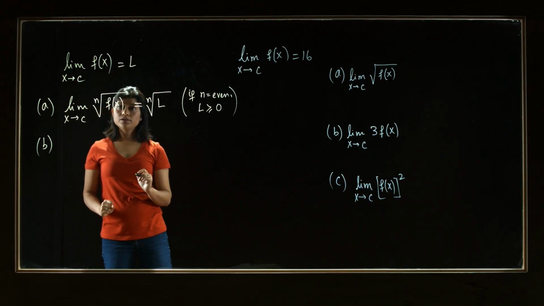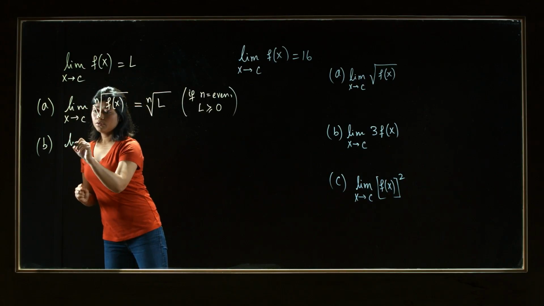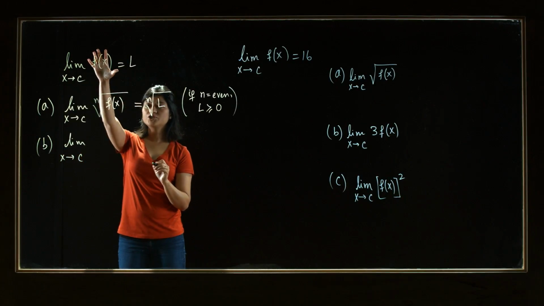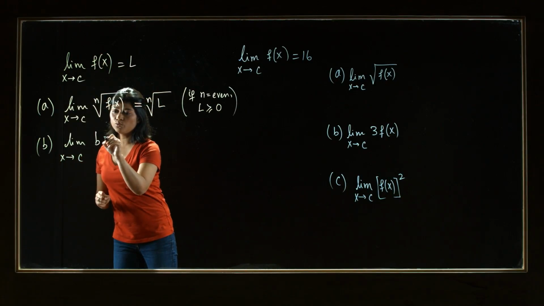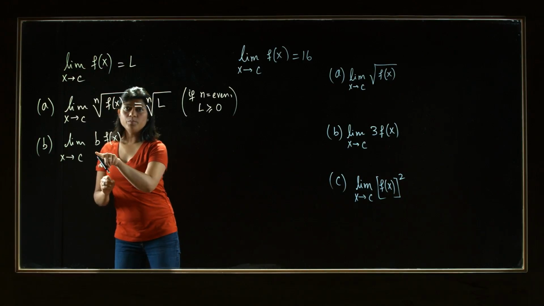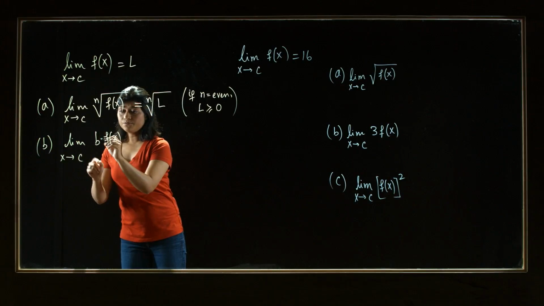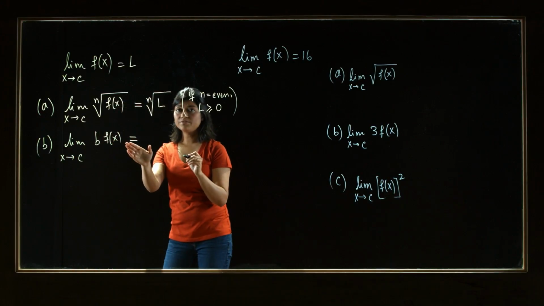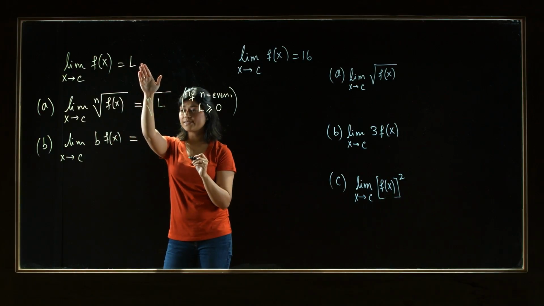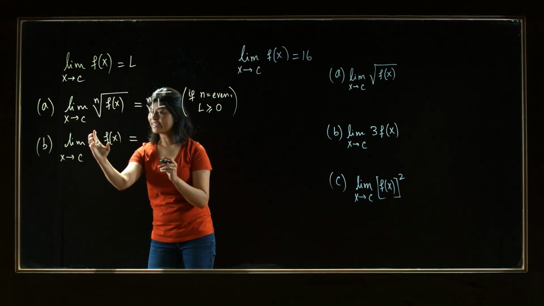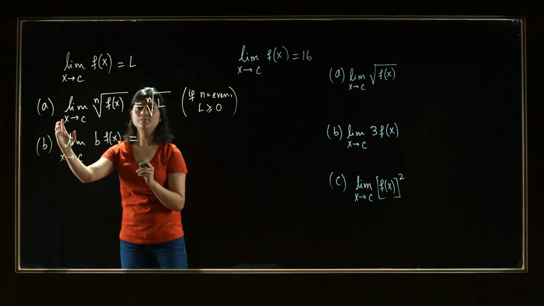For the second one, suppose we want to evaluate the limit of this function f multiplied with some real number b. So if this is a new function, what is the limit of that? If the limit of f already exists, then this constant can basically be pulled outside the limit.